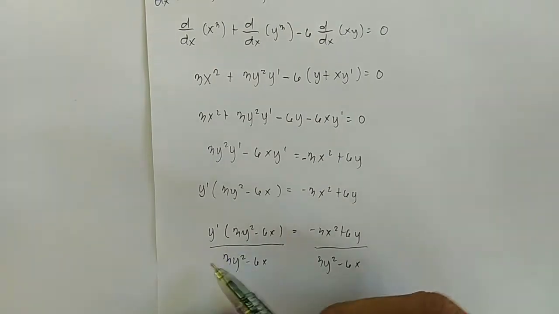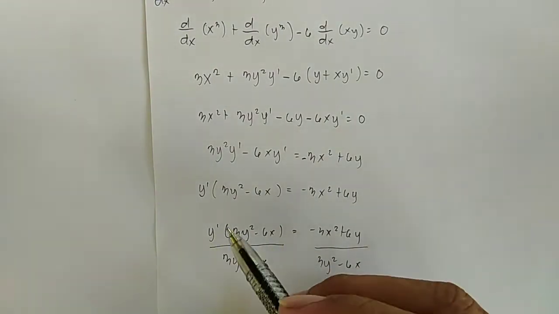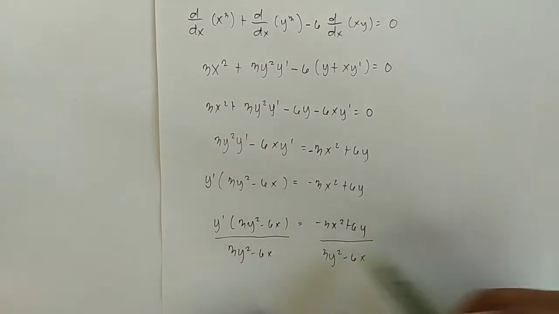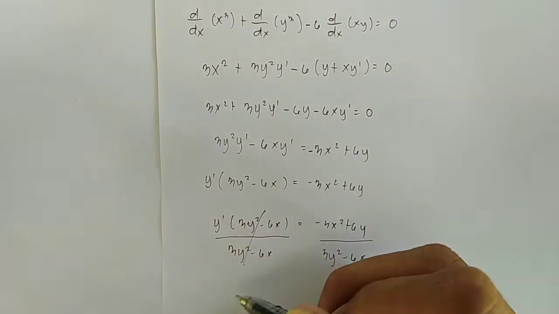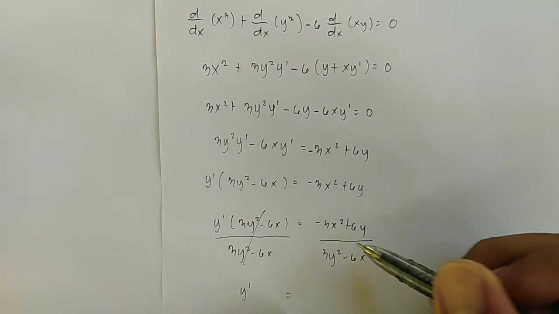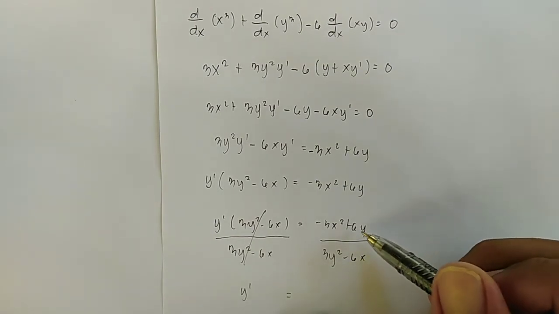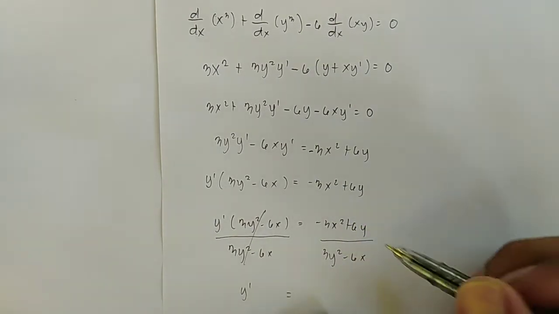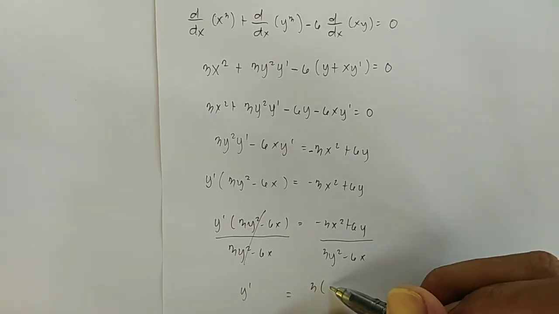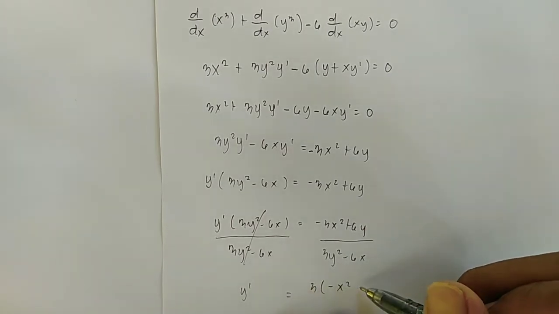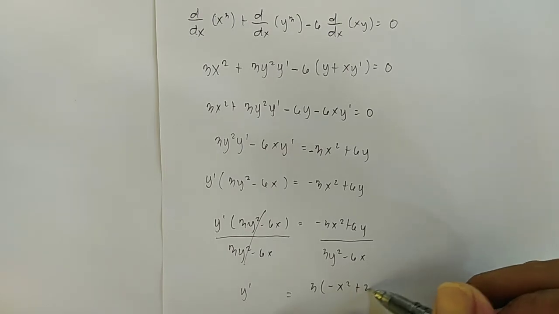Our purpose here is to make the left side y prime only, or to express this in terms of the derivative of the function or the equation. So cancel this out, and you will get y prime is equal to negative 3x squared plus 6y over 3y squared minus 6x, which can also be expressed as 3 times negative x squared plus 2y.